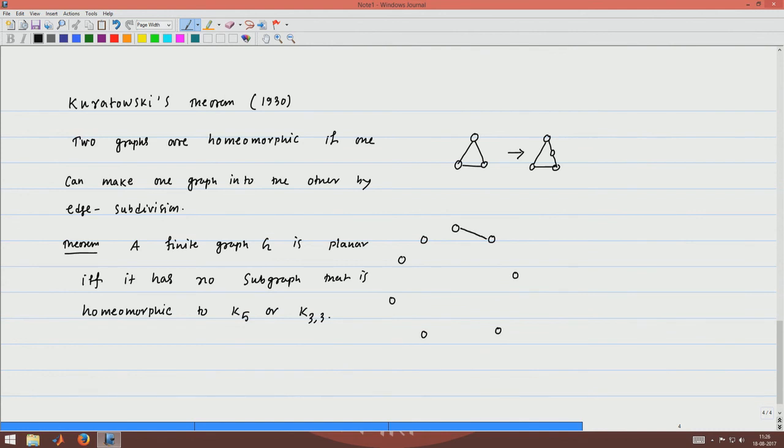Okay. So, this will take some time to draw this graph. Now, for these two vertices, so this vertex is adjacent to this vertex and these two vertices are adjacent.